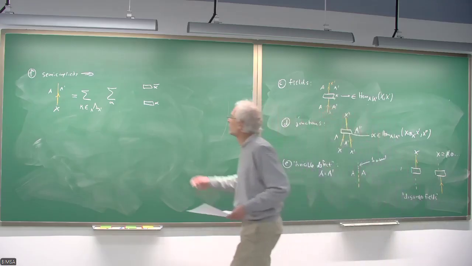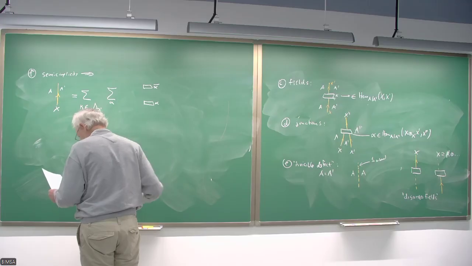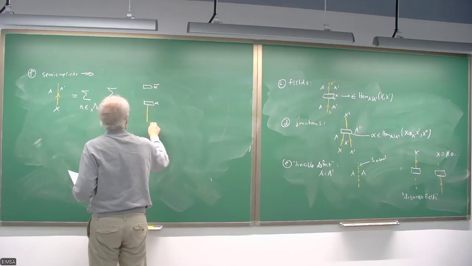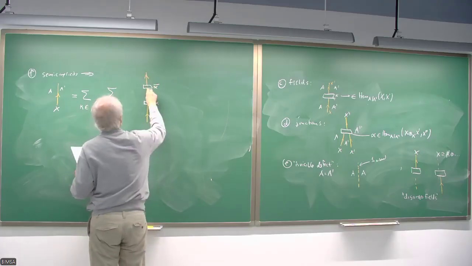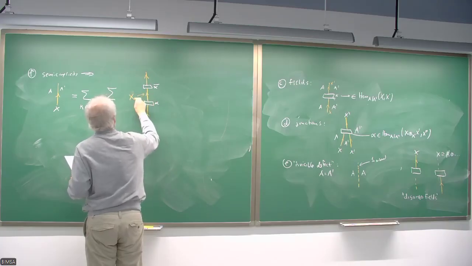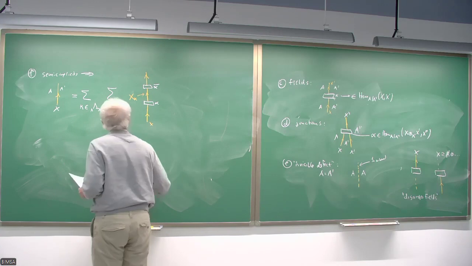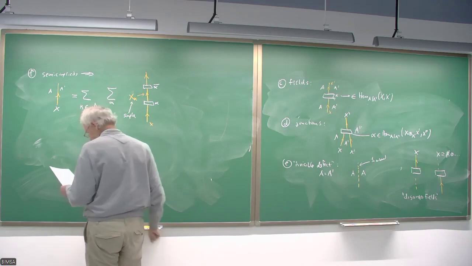Then alpha bar will be the vector space dual basis, and then write this as a sum where here I have a simple defect. It's kappa.